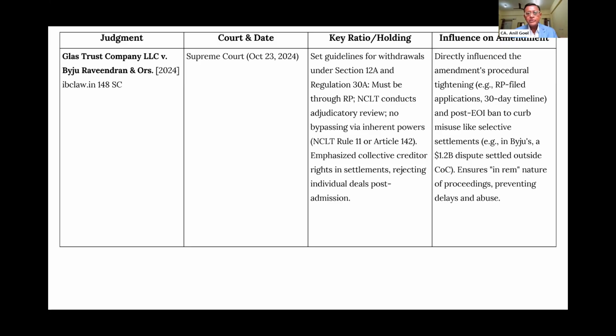In that case also, the Supreme Court said that Rule 11 of the NCLT, Rule 11 of the NCLAT, and also Article 142 should not be used, and the regulations as made by the Board should be completely adhered to. That is what is codified, because most judicial authorities say the regulations are directory, not mandatory. Therefore, it has now been codified.